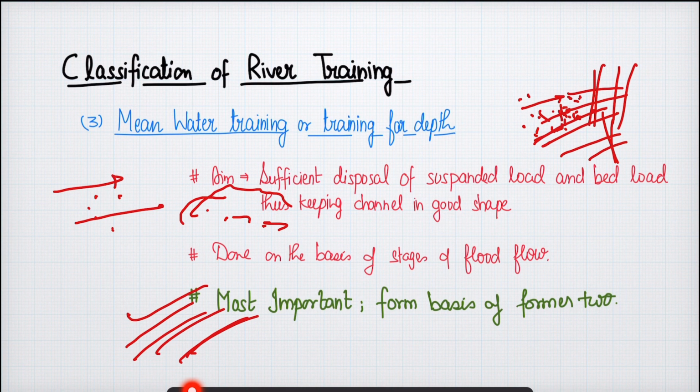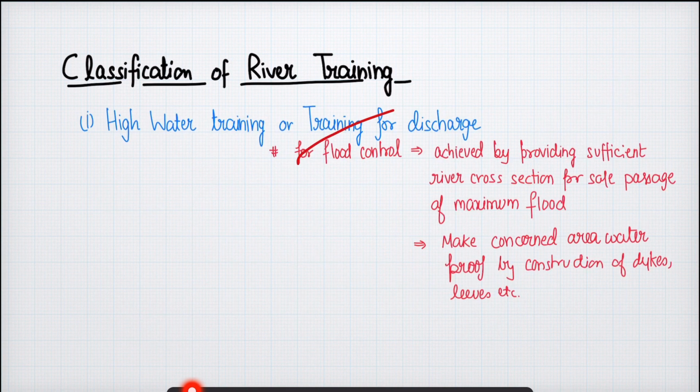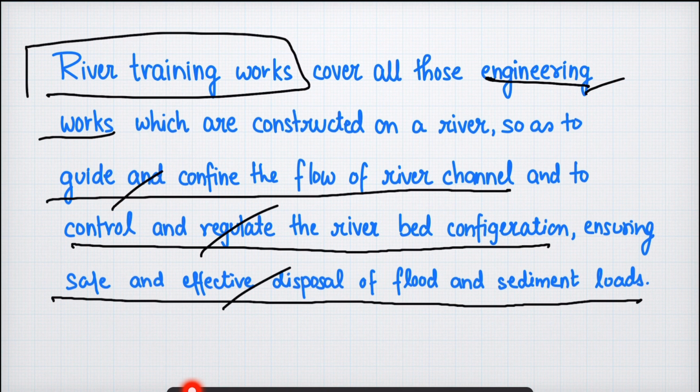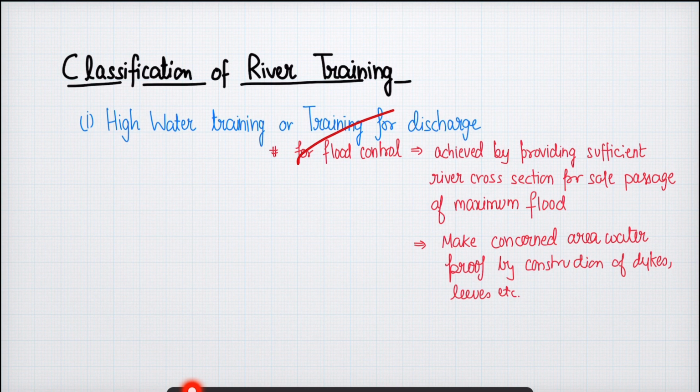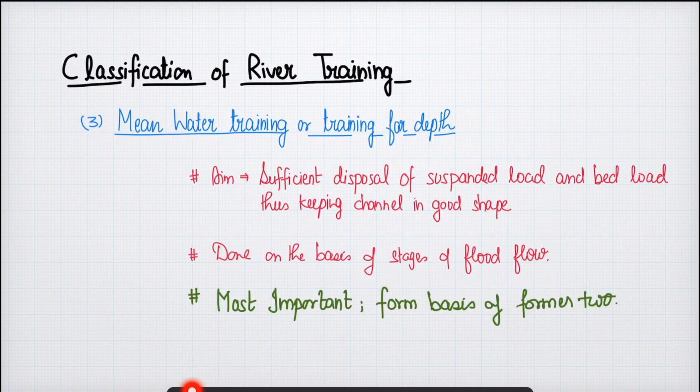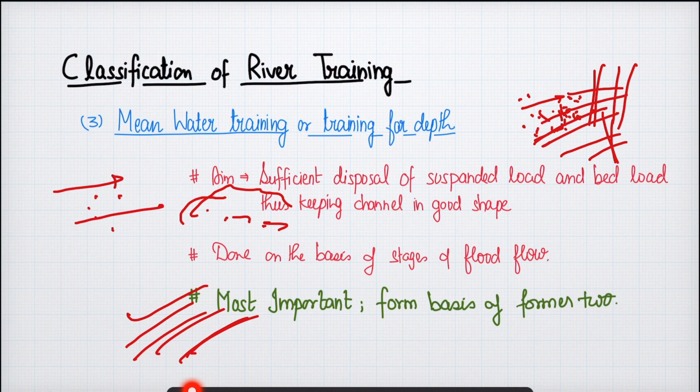Again, a point to be noted in river training work is the definition. The definition should always be accurate, as when you are writing or giving an interview, the terms should be included. The objective should be clear. The order should not be changed. So we have type 1, type 2, and type 3, and these should be in their respective order.